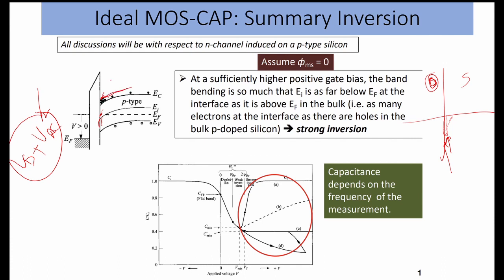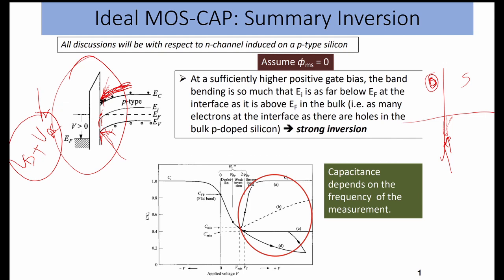The electrons will come and go, come and go. So the capacitance is changing because of this only. The contribution to the capacitance is coming from the junction only.